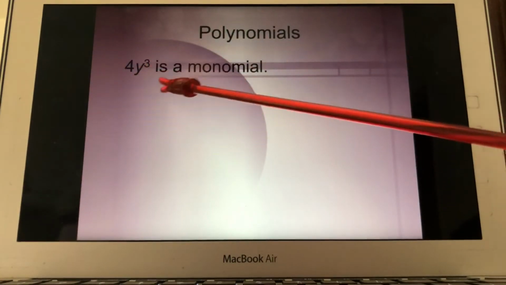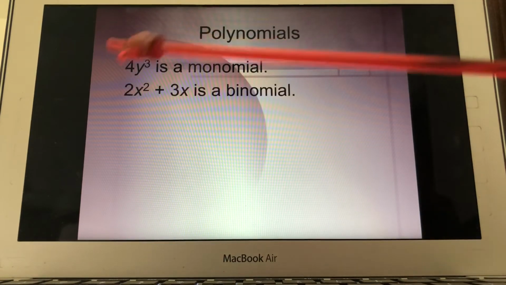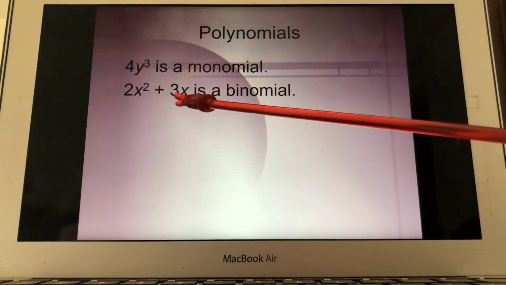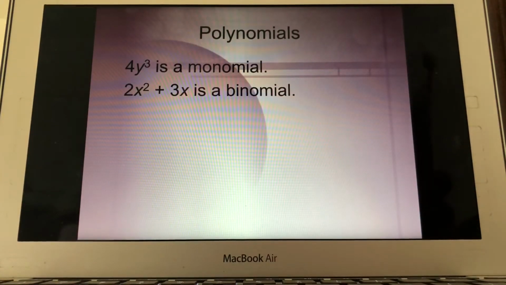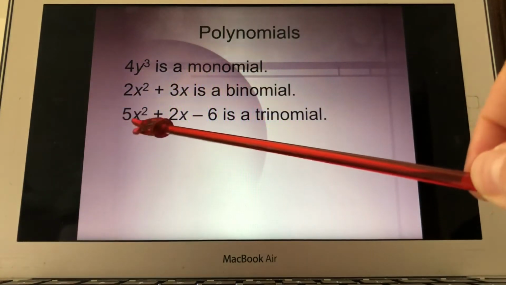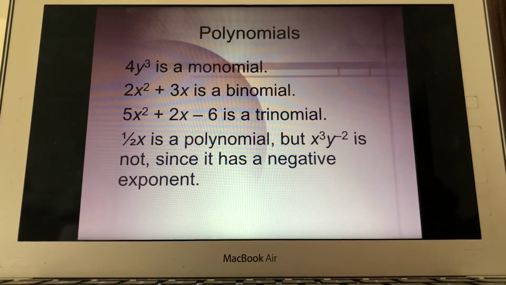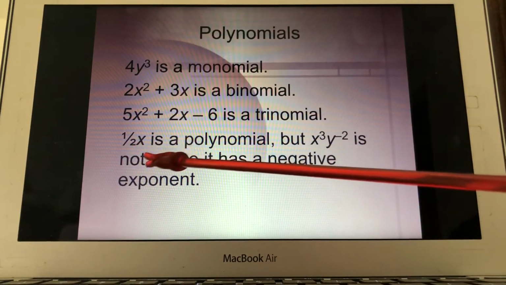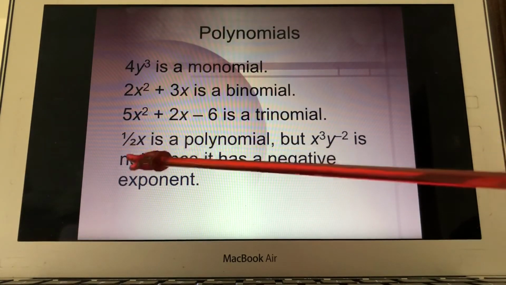For y cubed is a monomial because it's only one term. 2x squared plus 3x, this has 2 terms, so that's a binomial. Here we have 3 terms, so that's a trinomial. 1/2 x is a polynomial. Okay, that we can call that a polynomial.